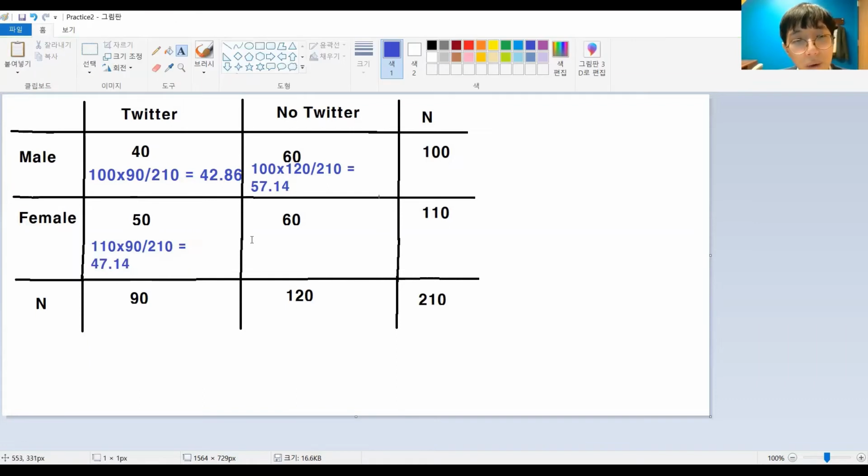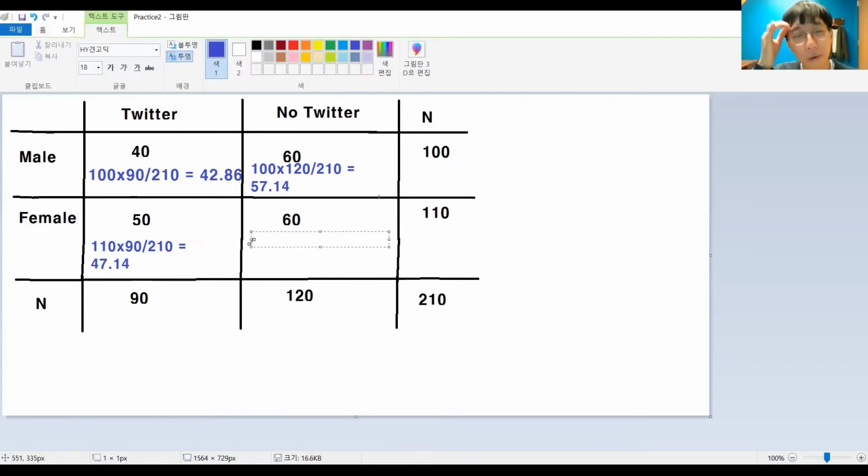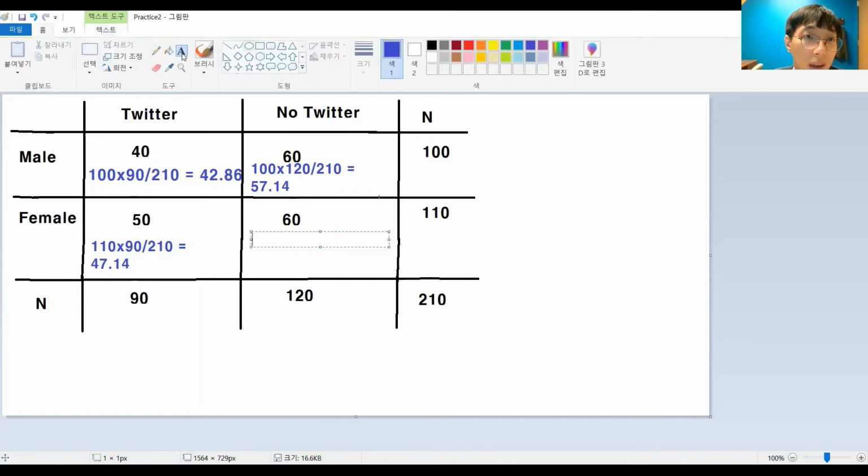And the expected frequency for female with no Twitter account is calculated by multiplying this number by this number divided by this number.